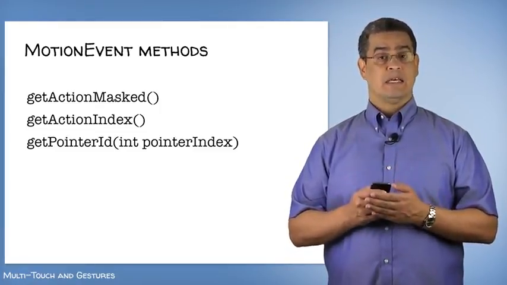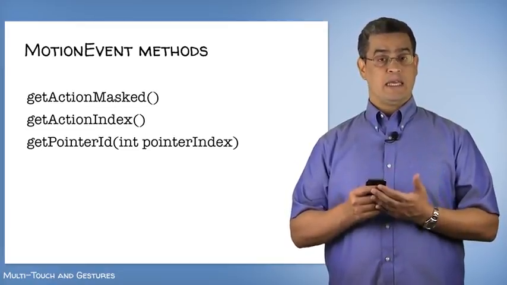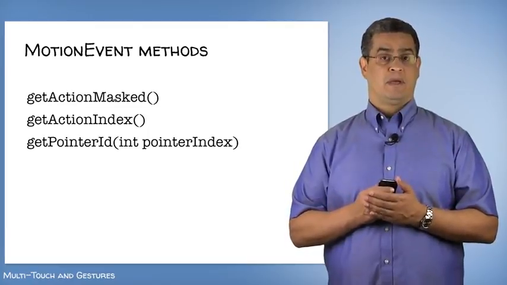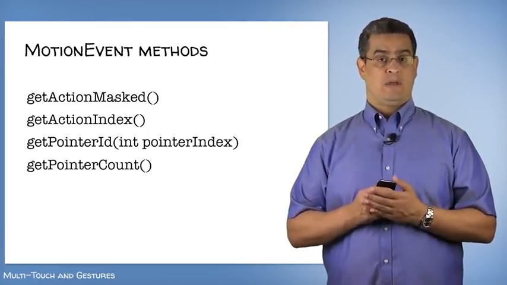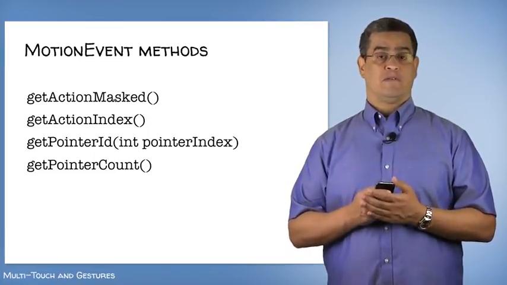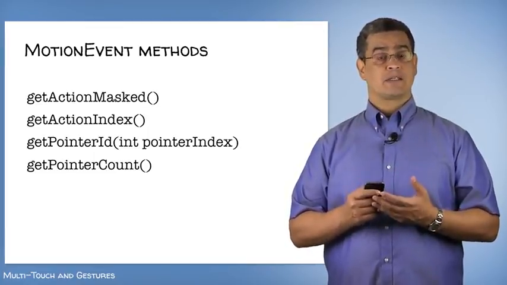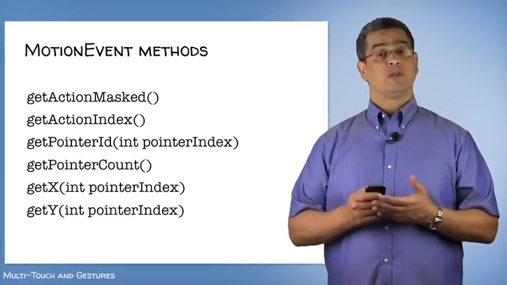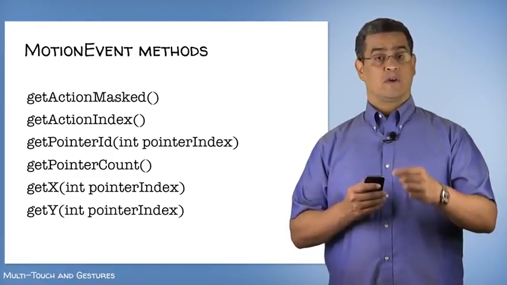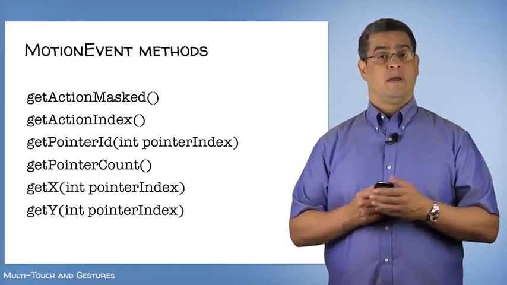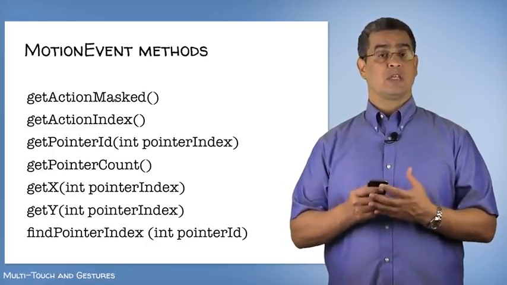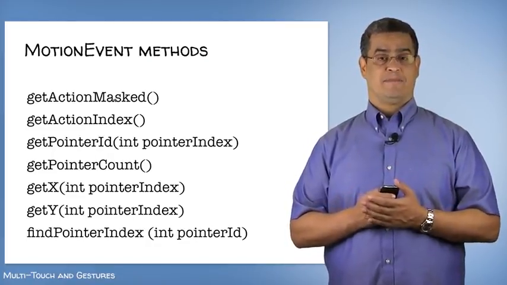Given an index, this method returns the stable ID of the pointer associated with that index. getPointerCount, which returns the number of pointers associated with the motion event. getX and getY, which return the x and y coordinates of the pointer stored at the current index. And findPointerIndex, which returns the index associated with the given pointer ID.